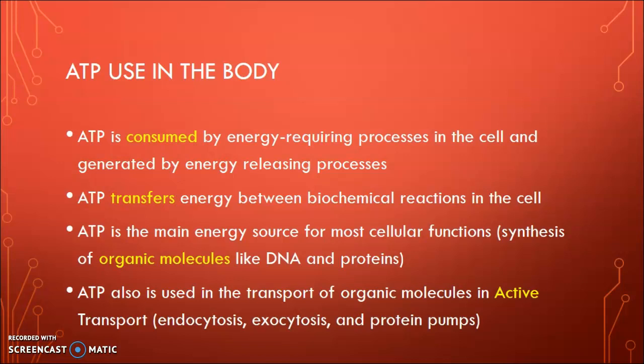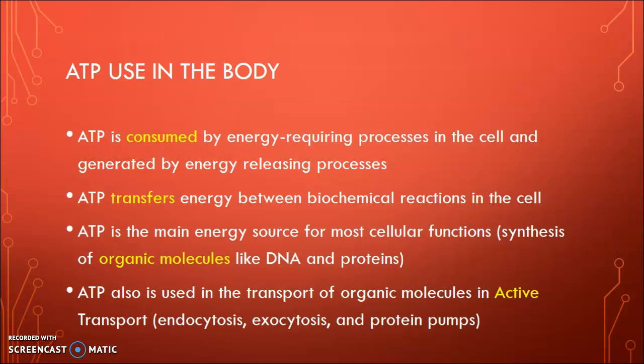We see this with the protein pumps when that ATP bonds to the protein so that sodium and potassium can flood in and out of the cell. We see this when we're doing types of things like protein synthesis and DNA replication, which we'll discuss specifically in Unit 5. But a lot of these processes that require energy require a high amount of energy, and ATP is that molecule that we're going to use.